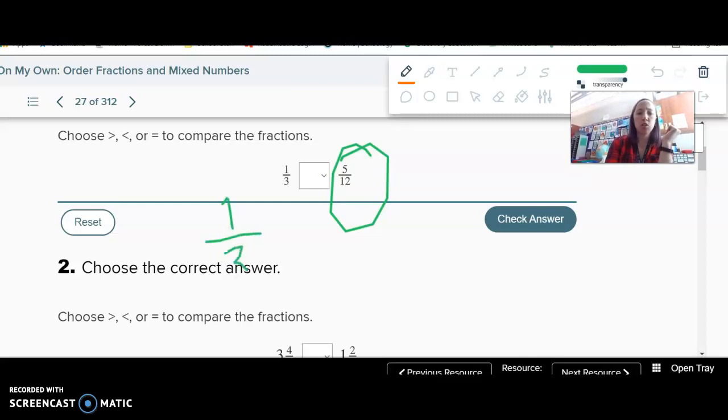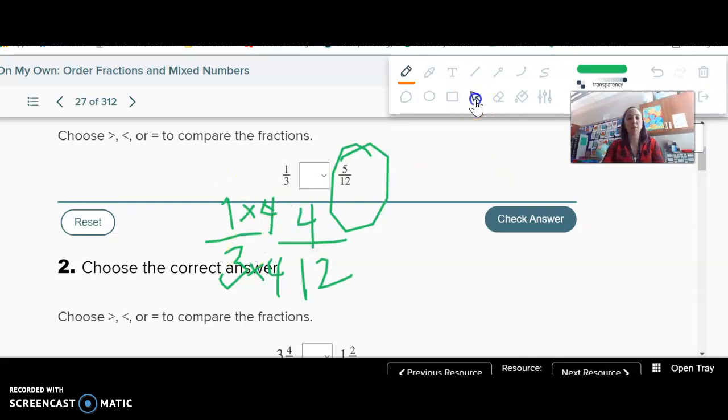So now I just need to change 1/3 into some amount of 12ths and think, okay, what do I multiply by? 4 times 4. So I get 4/12. So then I know, oh, 4/12 is less than 5/12 because they're the same size pieces. So I know it would be smaller.